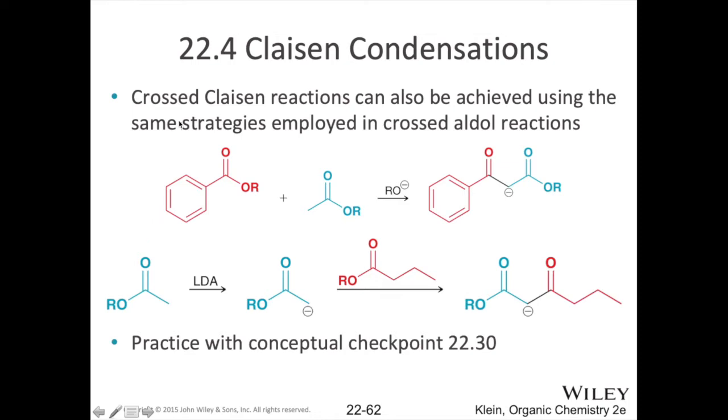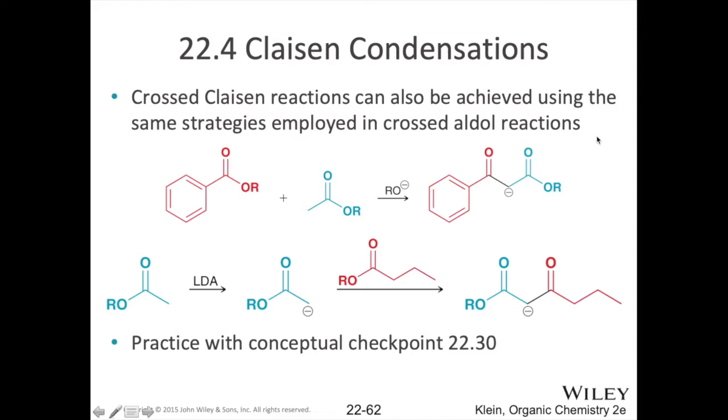But anyway, with this crossed Claisen reaction, you can have different alkyl groups attached to your esters, right? And you can combine these in different ways to get different products.